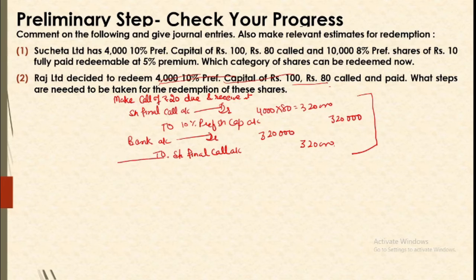So you will do this, and after this your preference capital will be, earlier your preference capital was 4,000 shares of 100 each, 80 paid. Now it will be fully paid.